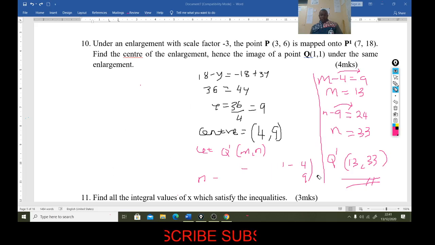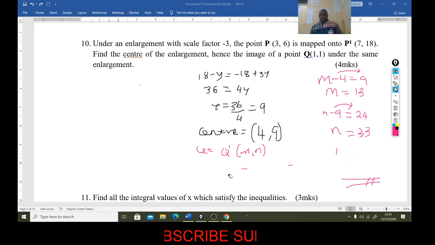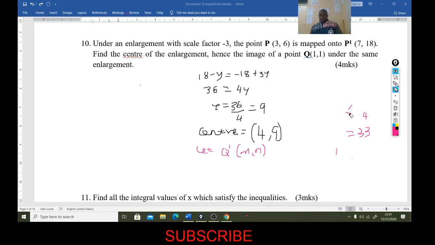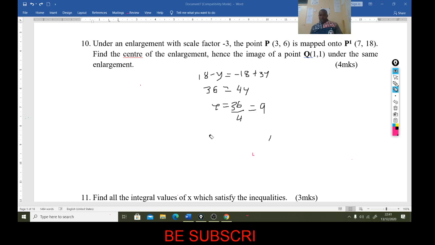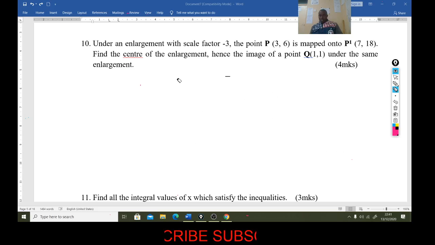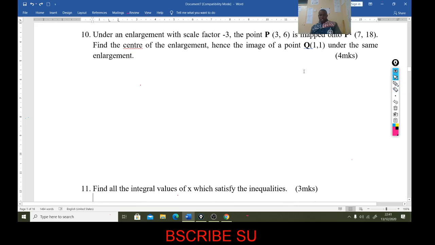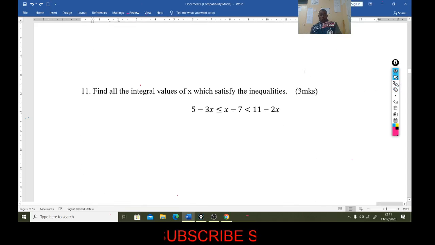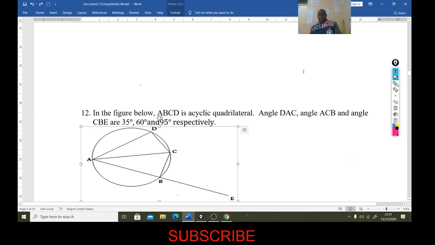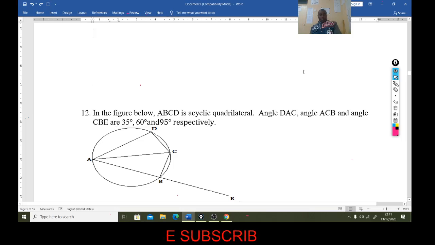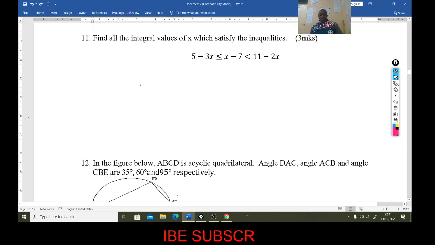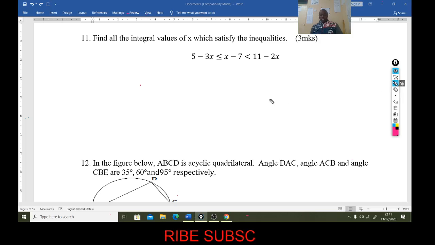We find all the integral values that satisfy a given inequality. So now we have this inequality, and we need to find all the integral values that satisfy it.